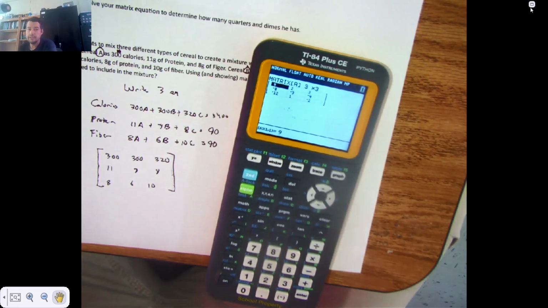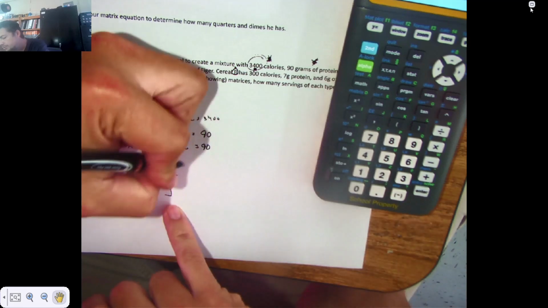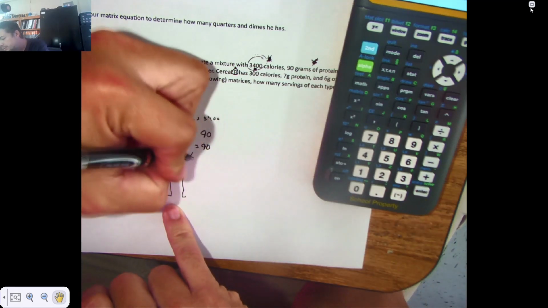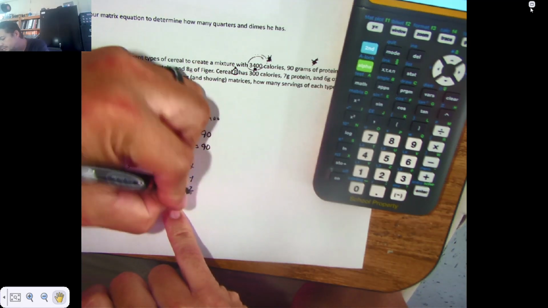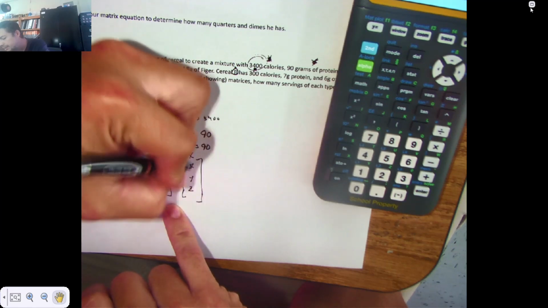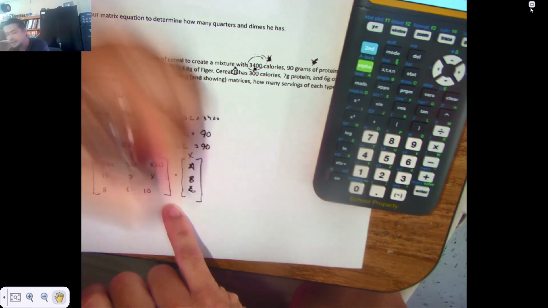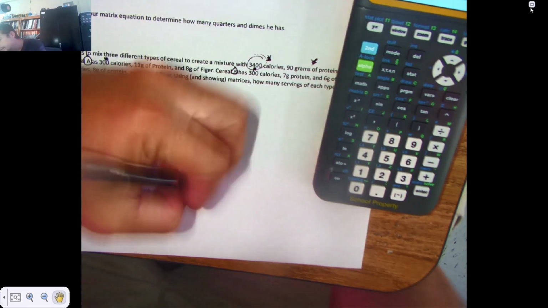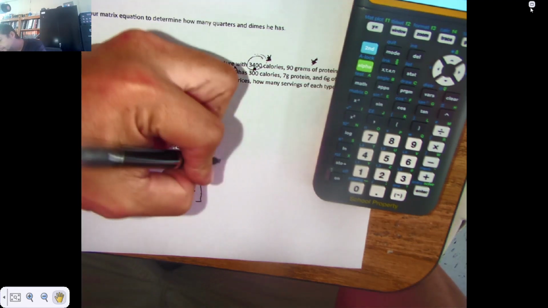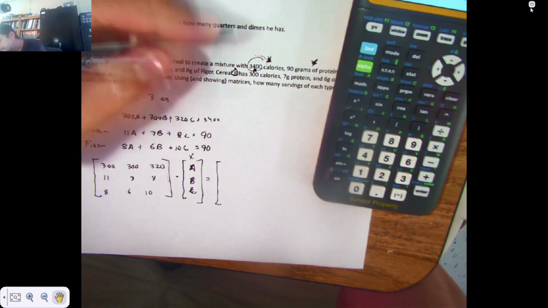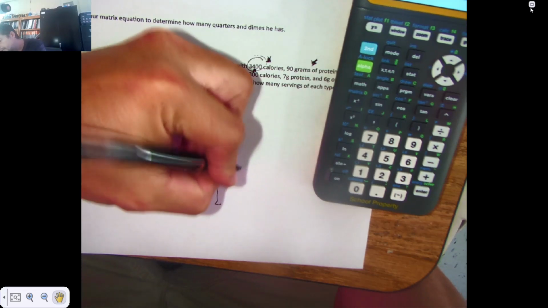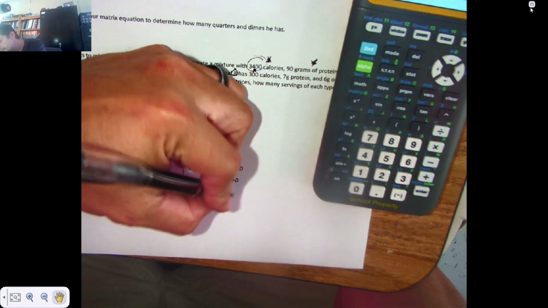That's probably why I still remember it to this day. We're going to multiply it by some matrix that's going to give me some X's, Y's, and Z's. Or sorry, A's, B's, and C's. It's going to give me those values that I want. And it's going to equal the constants matrix, 3,400, 90, and 90.